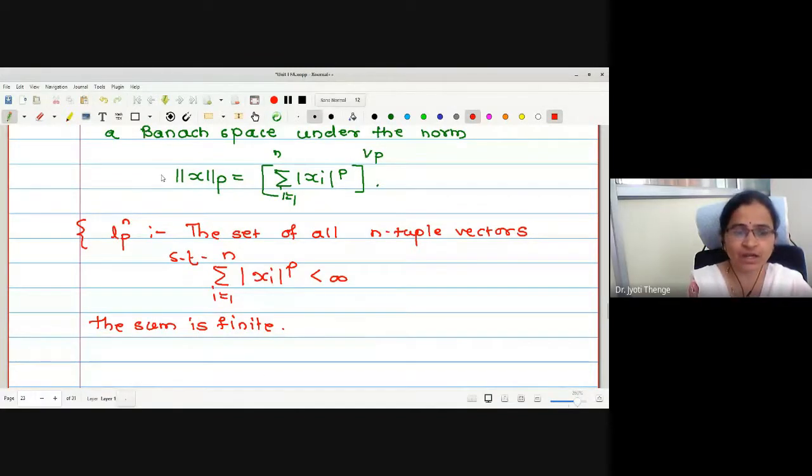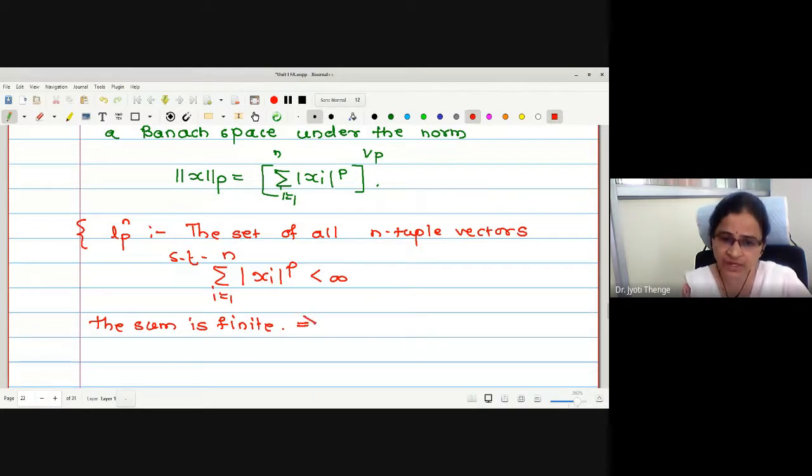Therefore, whenever we define a norm P, one has to ensure that this summation mod xi raised to P is a finite value, and out of Rn and Cn spaces, we collect only those vectors which have this condition, summation mod xi raised to P less than infinity. That is, this sum is finite.